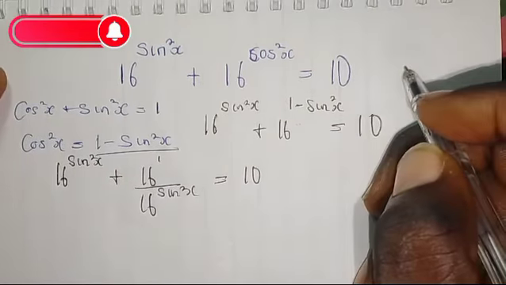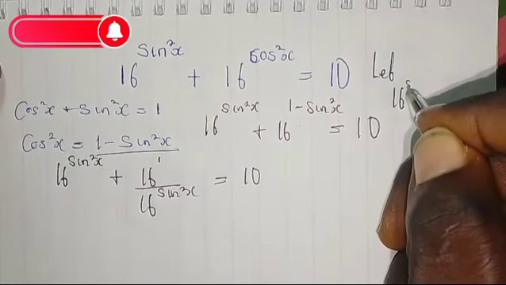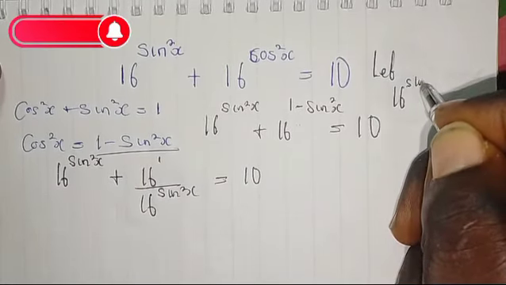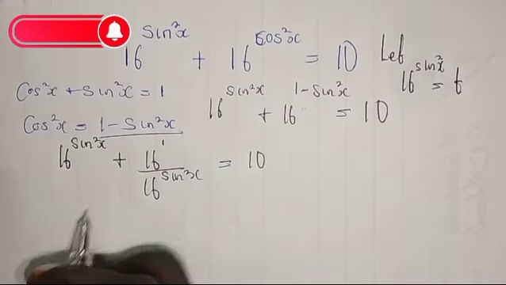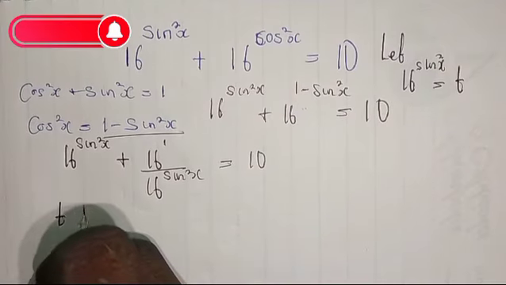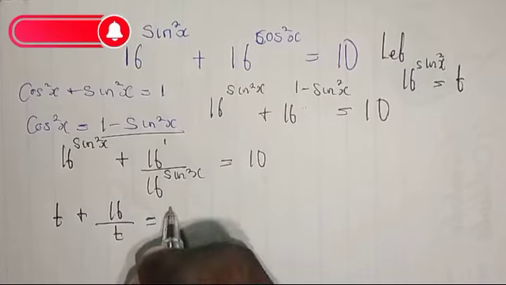Now, make a substitution. Let 16 raised to the power of sine square x be equals to t. Now, when you make this substitution, you are going to have t plus 16 over t is equals to 10.